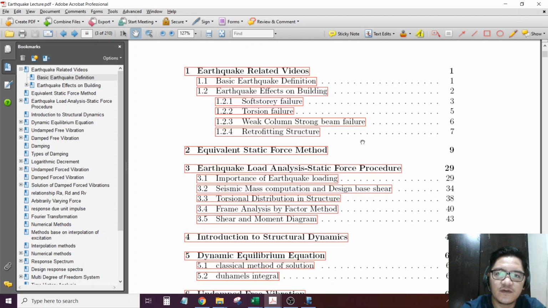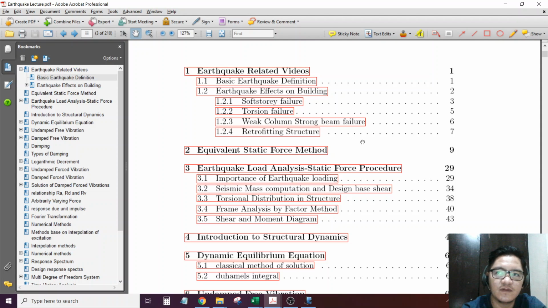So static force method, from the word itself, static, no? And by now you should be familiar with the static. That means it's not moving. Diba?